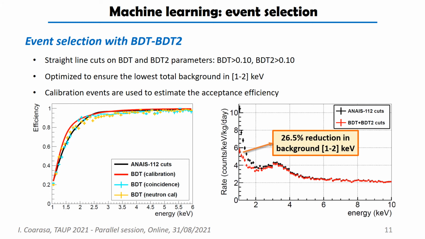After applying the filtering and the efficiency correction, the resulting rate has suffered a reduction of 26.5% between 1 and 2 keV with respect to that obtained with the previous event selection procedures.